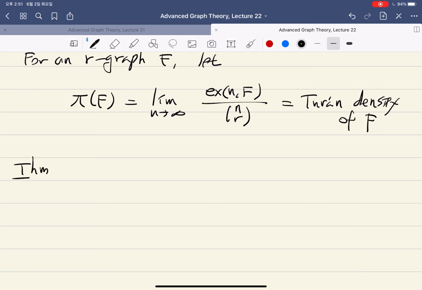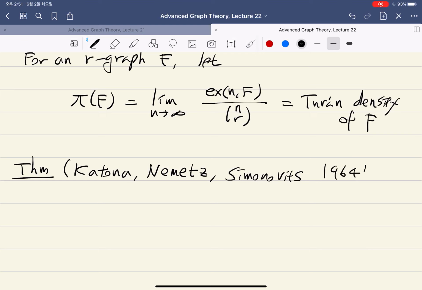First, after we define this, we need to check whether it is actually well defined, whether the value of this limit exists. So Katona, Nemetz, and Simonovits actually proved that for any r-graph F, this pi of F exists.